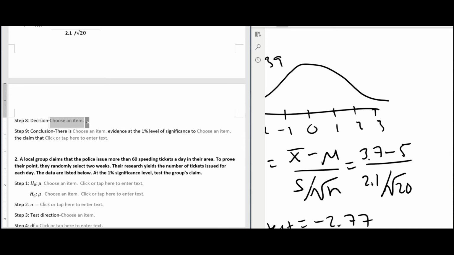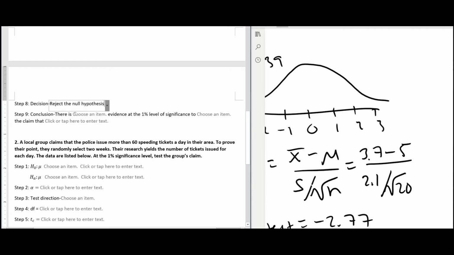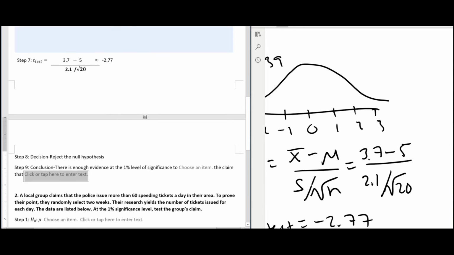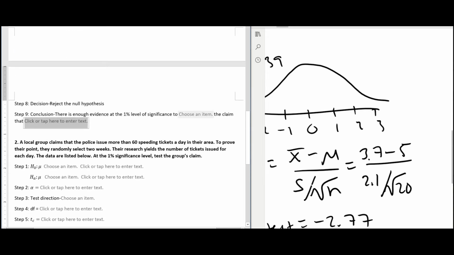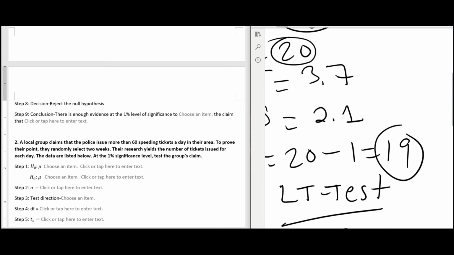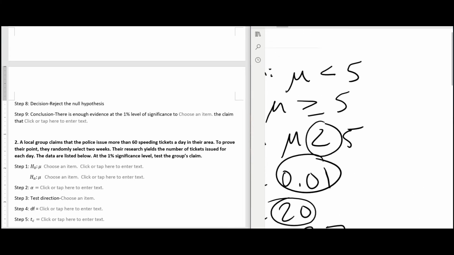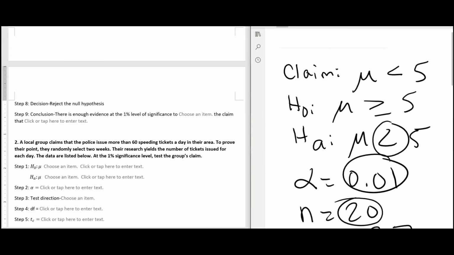Okay, so then the decision, we said we're going to reject the null hypothesis. And then the conclusion, so if we reject, that means that there is enough evidence to overturn it, right? So there is enough evidence at the 1% level of significance. Remember earlier that we said the claim belongs to our alternative, right? So that means we're going to use the word support here instead of reject.